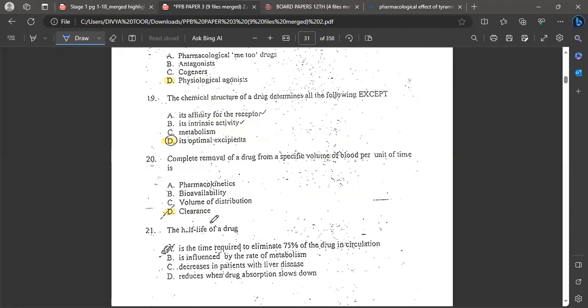Where did we reach? 19. The chemical structure of a drug determines all the following except affinity for receptor, intrinsic activity, metabolism, and its optimal excipient. I think optimal excipients. What do you guys think?